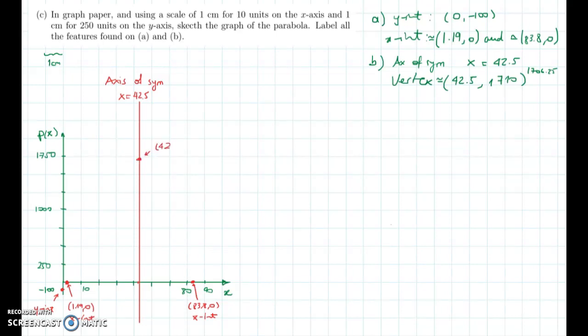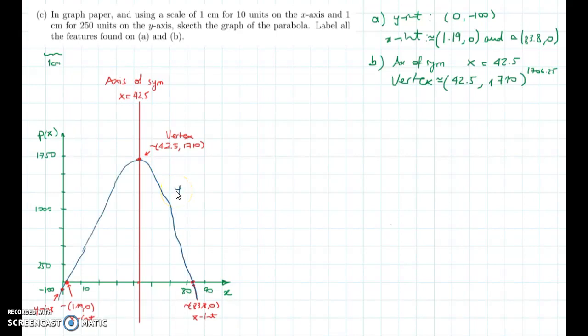So 42.5, 1,710. This is my vertex. Approximately. These points are all approximations. The concavity of the parabola is negative, and now we are ready to just sketch it.